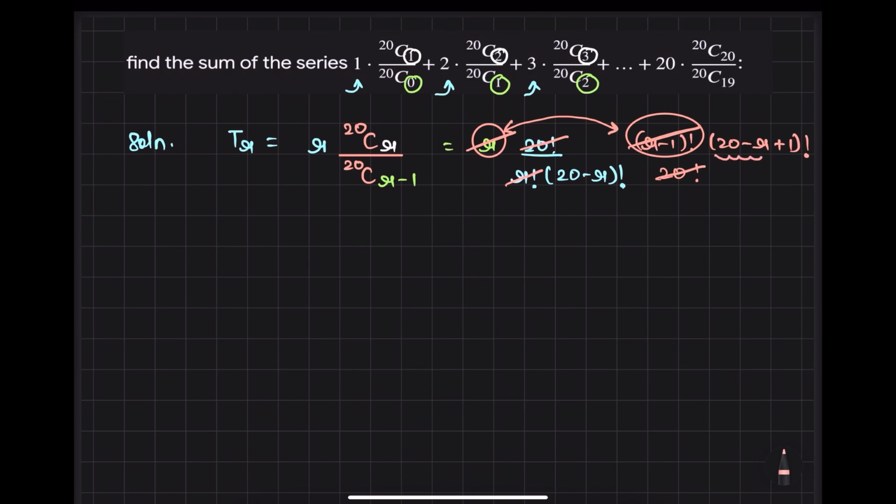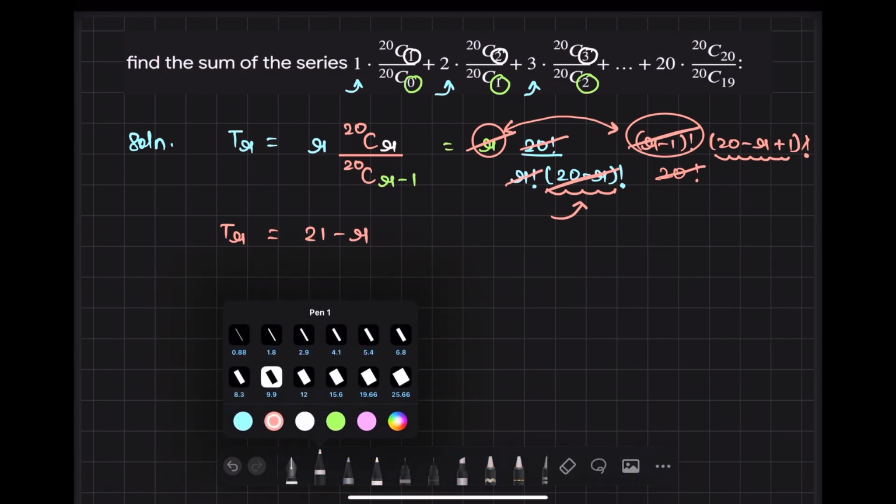This is 21 minus r. This is 20 minus r. So this one is smaller, so it can neutralize the factorial part and we will be left with 21 minus r as the rth term. Okay, so we got our rth term.